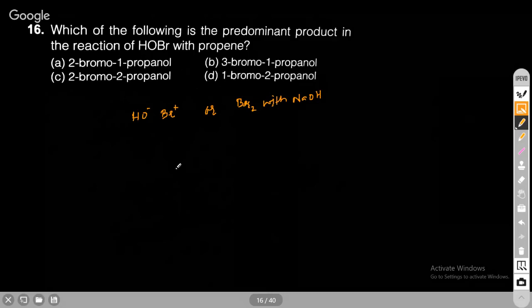Okay. So now whether you have this molecule as the reagent or this as the reagent, both give you the same product, because these two react and give HOBr only. So the addition of these to any alkene follows Markovnikov's rule. That you have to keep in mind.